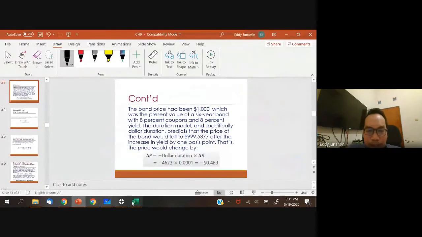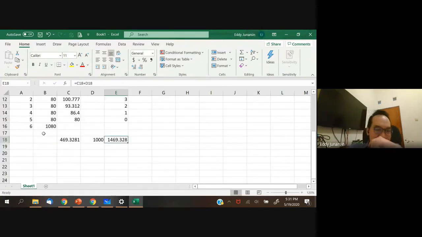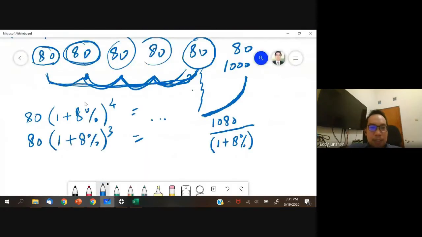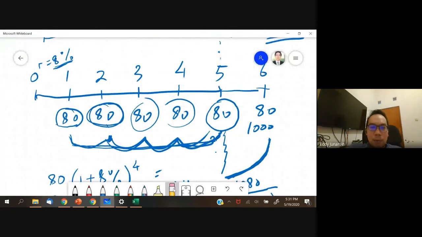But the point here is that we want to simulate, okay? What will happen if the market rate changes? Okay, the market rate changes. So let's imagine now that the market rate is not 8% anymore. And this is, I think, closer to reality because market rate keeps changing, right?